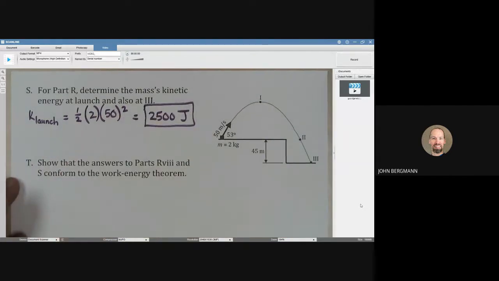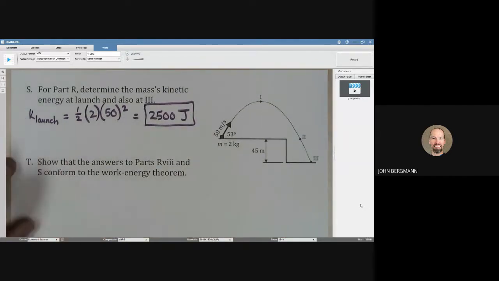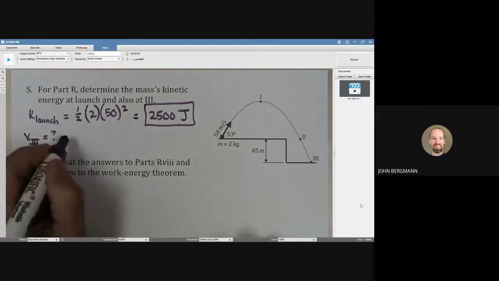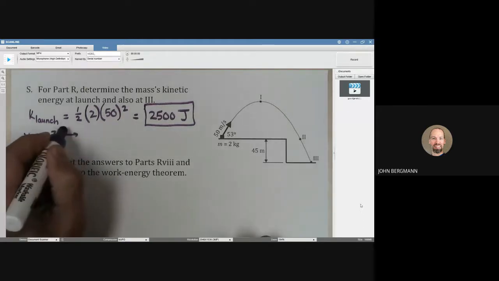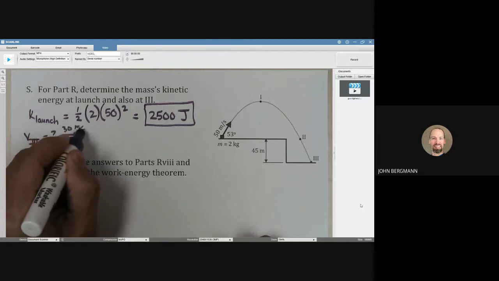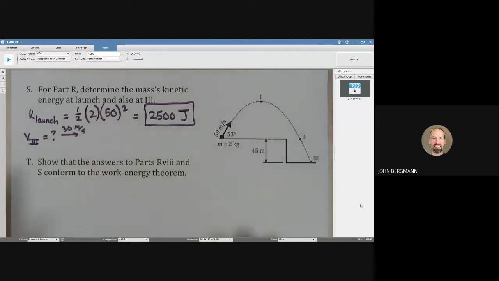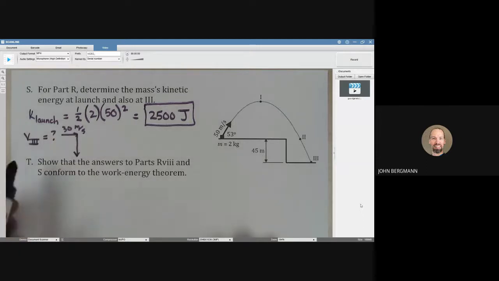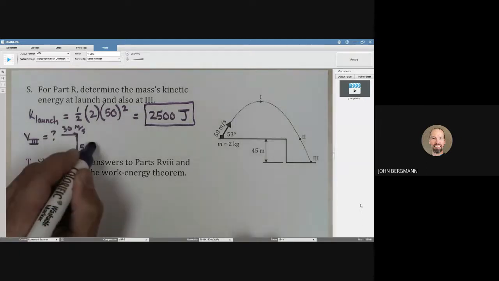What about at point 3? Well, let's find the velocity at point 3. It's going 30 meters per second horizontally. And then we decided, rewind the video if you need to, we decided that it was going downward at 50.